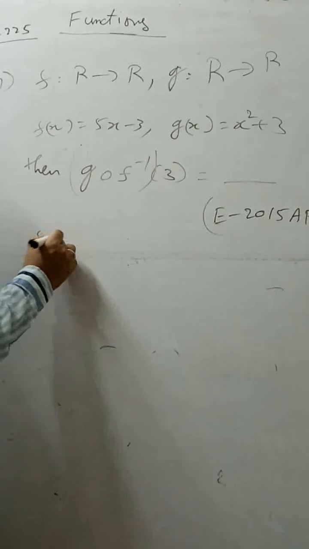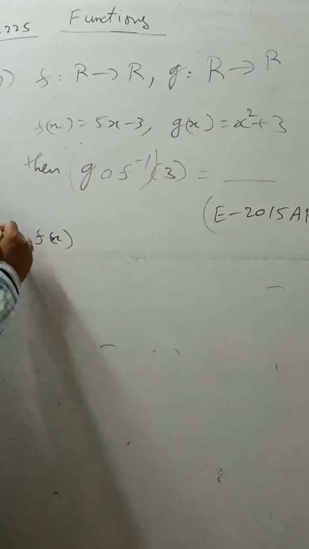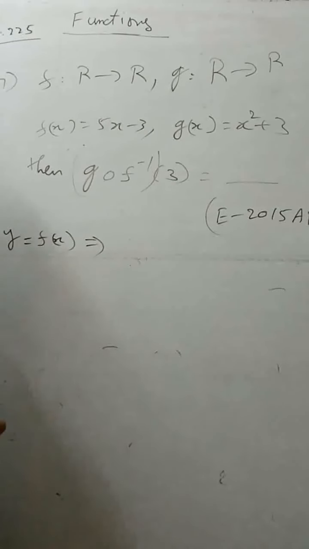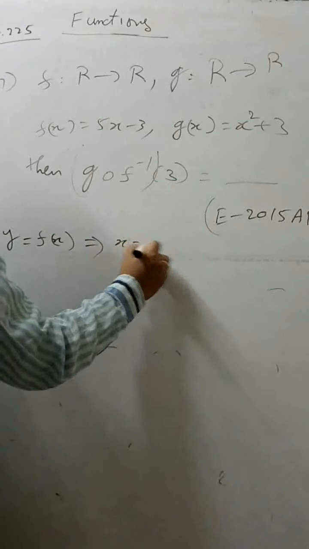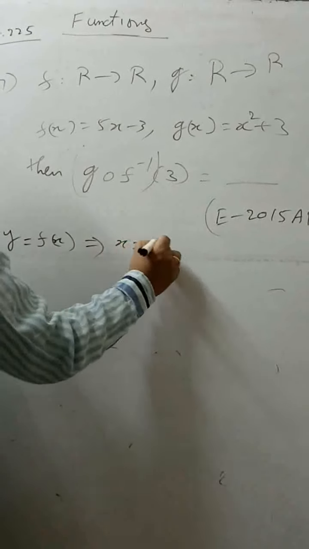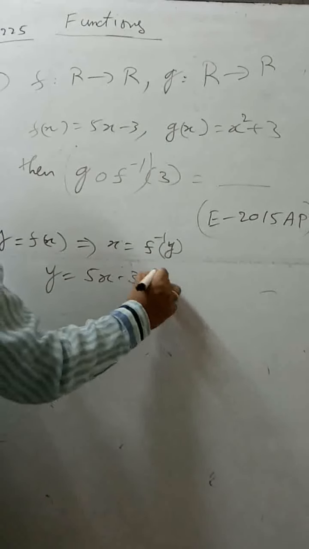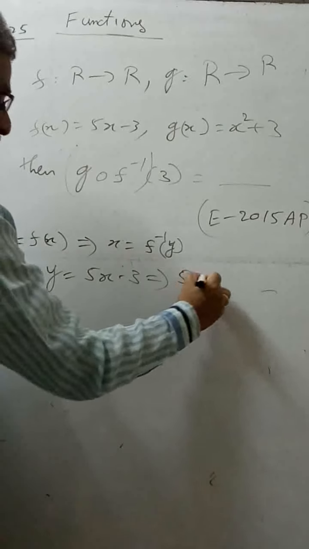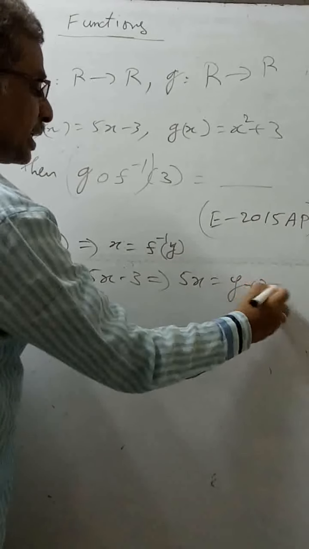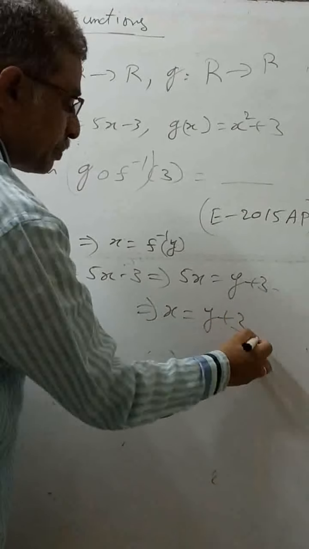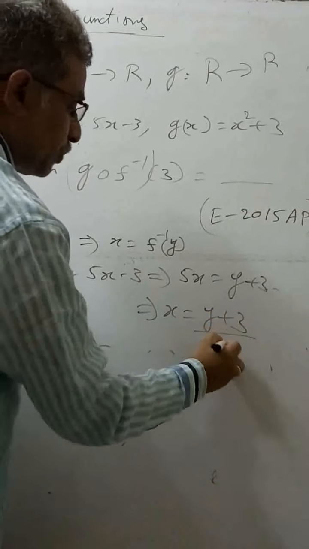So what is F of x? Let y equal to F of x, then x becomes F inverse of y. So I need the inverse function first. y is equal to 5x minus 3. This implies 5x equal to y plus 3, which implies x equal to y plus 3 by 5. Now x is nothing but F inverse of y.